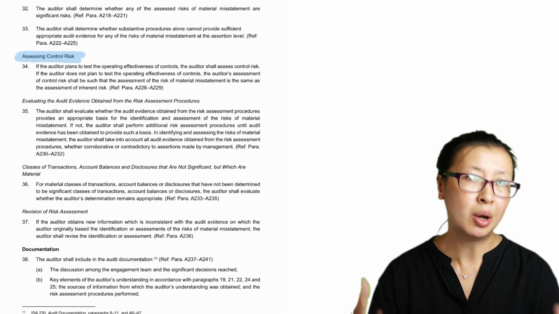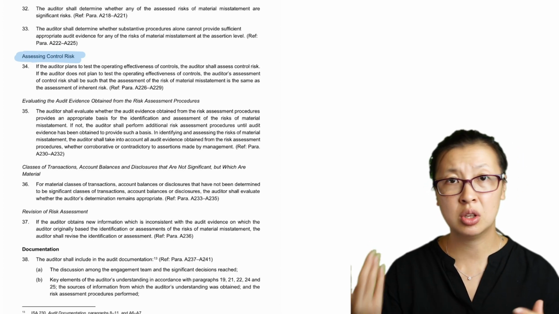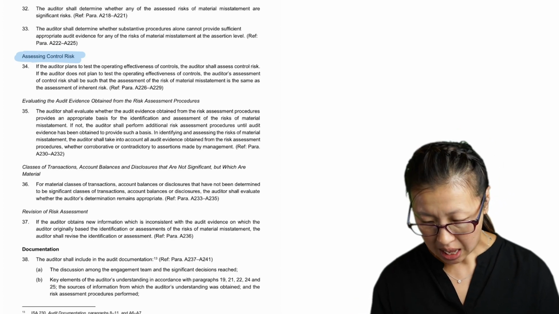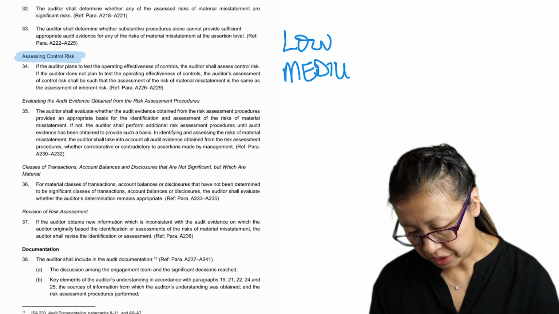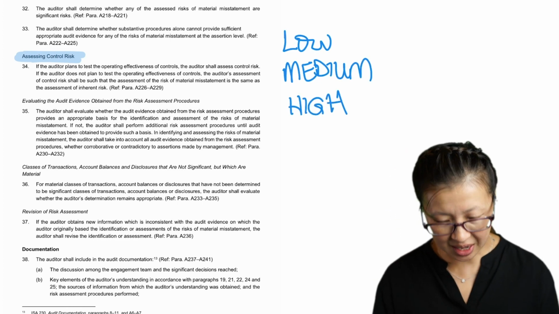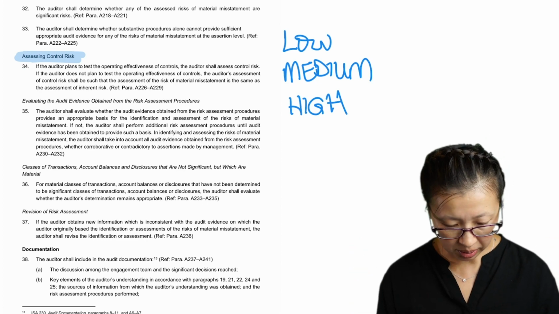So when you look at the policies and procedures, you're going to rate the inherent risk and the control risk on a scale of low, medium, or high. That scale will then feed into the audit risk model, but we'll talk about that another day because that's quite a complicated topic.